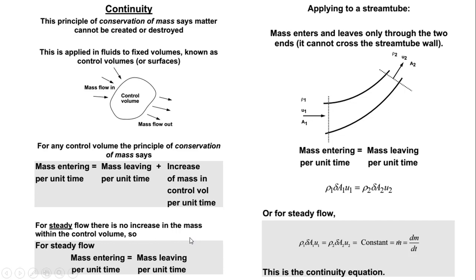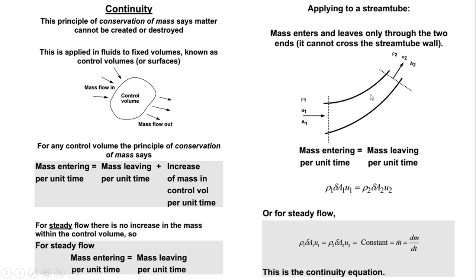Then since we say that in this course we are going to look at steady flow, incompressible, and one dimension, if it's steady flow, this equation will simply reduce to mass entering per unit time is equal to mass leaving per unit time.